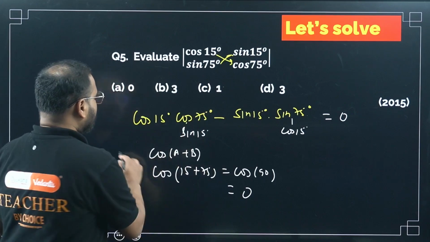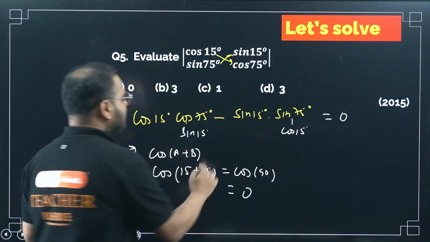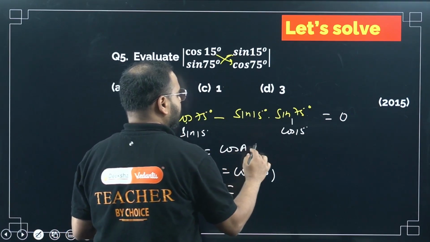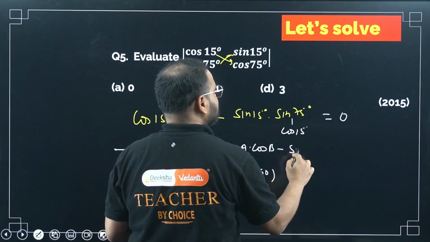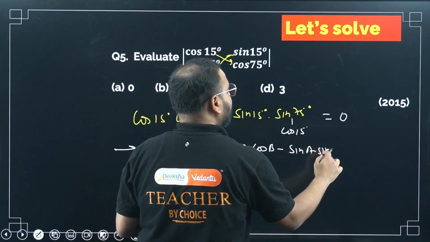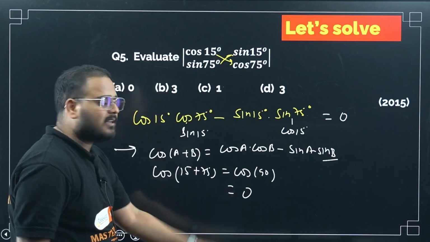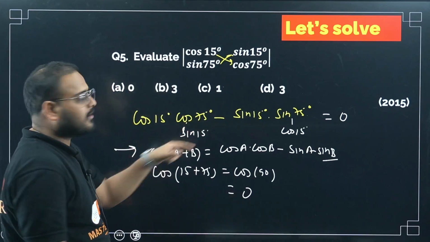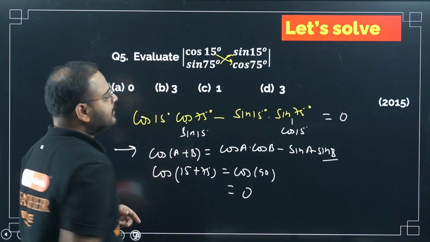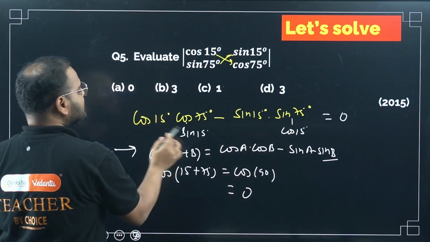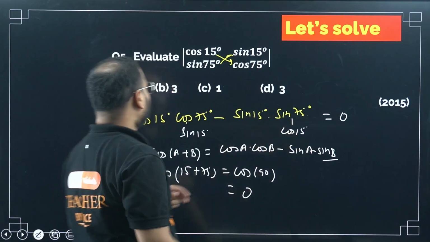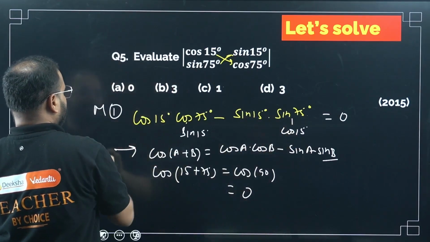Use this property, cos A plus B equals cos A cos B minus sin A sin B, and get the answer. If you don't want, use the complementary angles. Cos 75 is sin 15, sin 75 is cos 15. The answer is 0 by either method 1 or method 2.